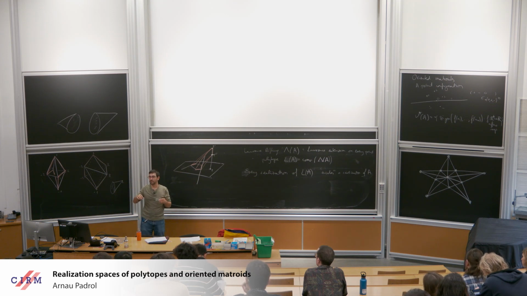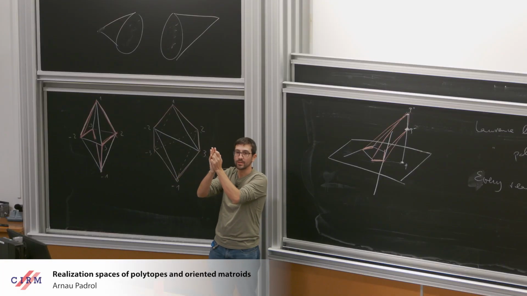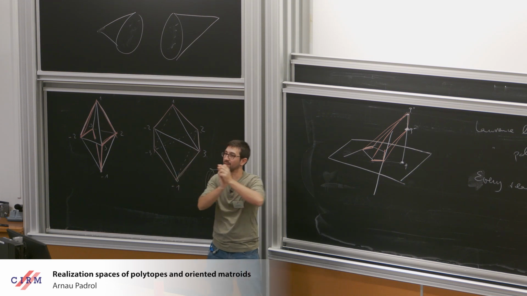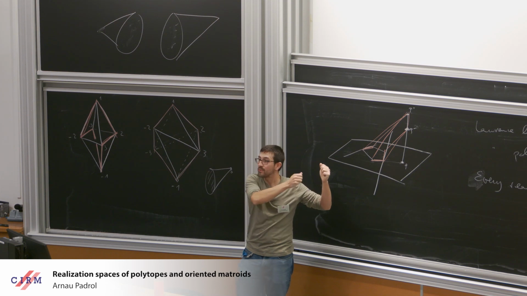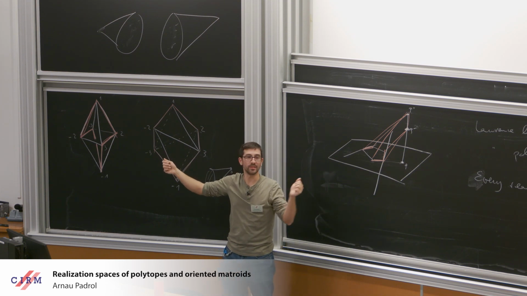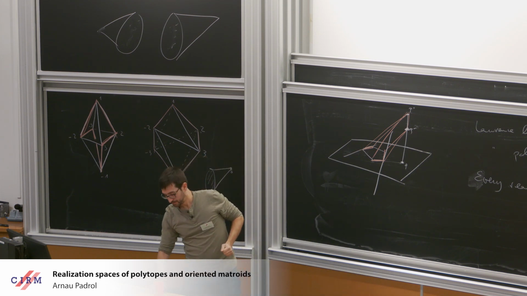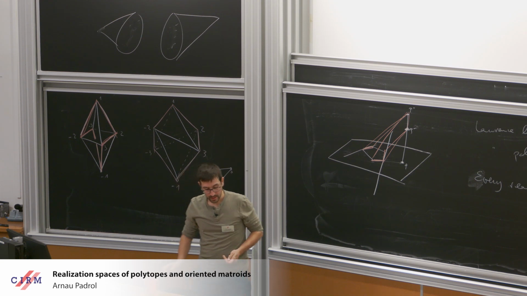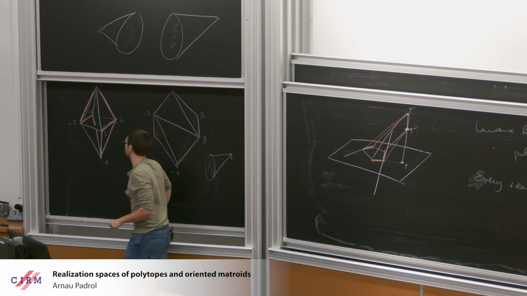Okay, so you have realizations where this non-existing octahedron is bent one way, and realizations where this non-existing octahedron is bent the other way. And you cannot go from one to the other, because in the middle you would have the octahedron that cannot exist. So this gives us a 4-polytope with disconnected realization space.